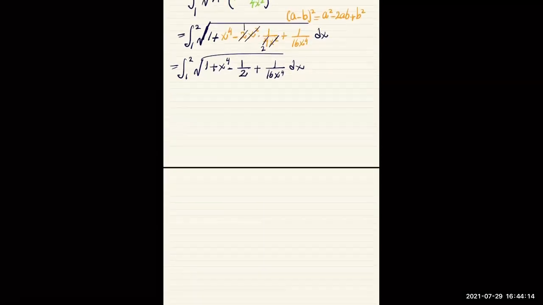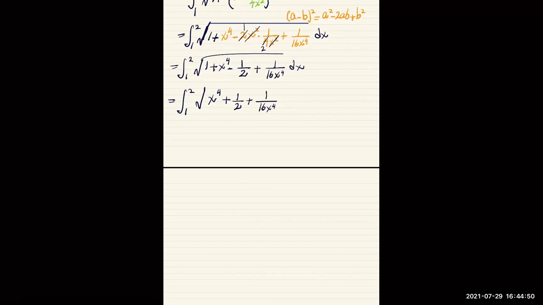Okay? Just going step by step, order of operations. I simplified that. Now I'm going to add like terms. So we get the integral from 1 to 2 of, and let me write in descending order, x to the 4 is the highest term. I write that first. And then we have 1 minus 1/2, that's a positive 1/2. And then I have 1 over 16x to the 4.